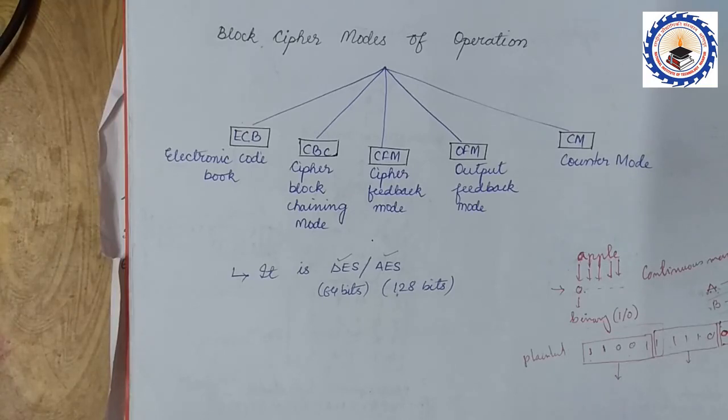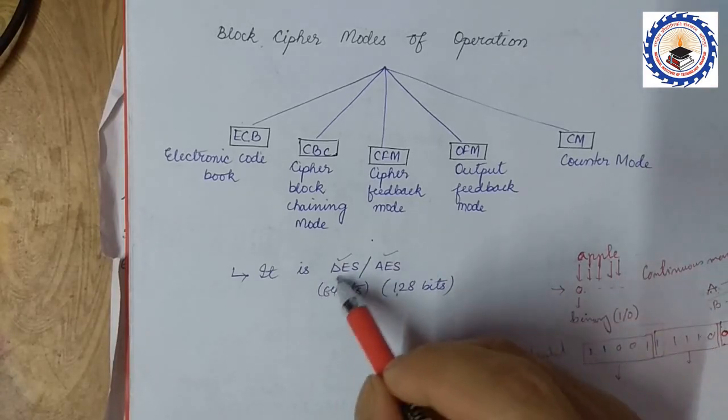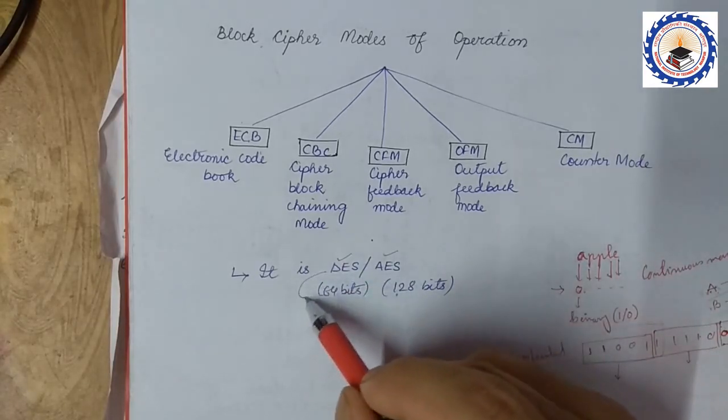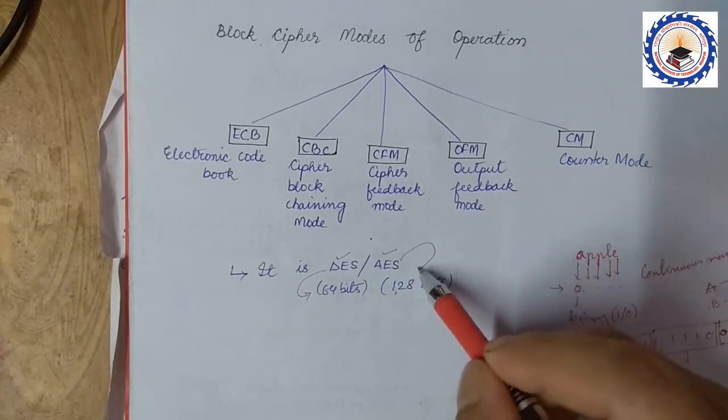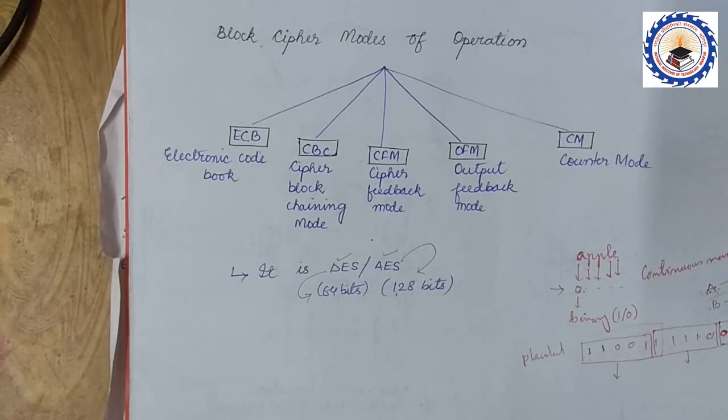An example of them is DES, the Data Encryption Standard. By default, as I told you, the block size is 64 bits, and for the AES algorithm, the block size is 128 bits.